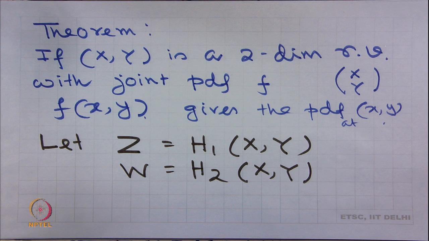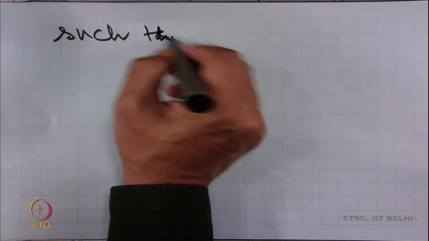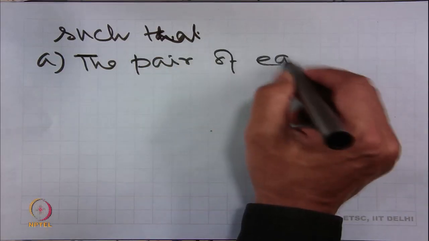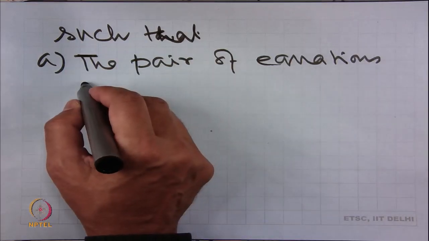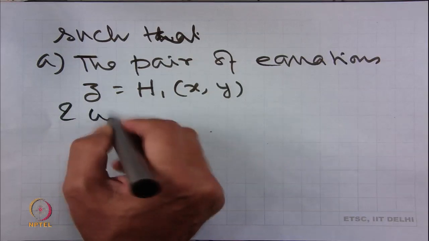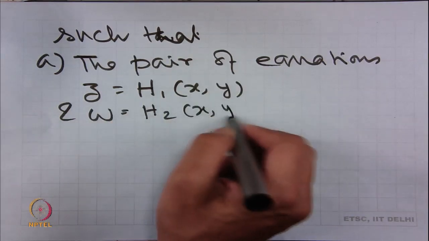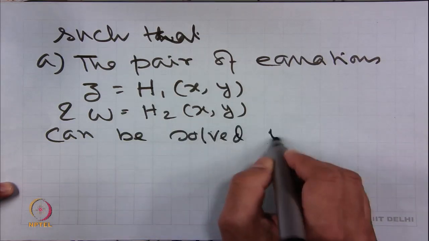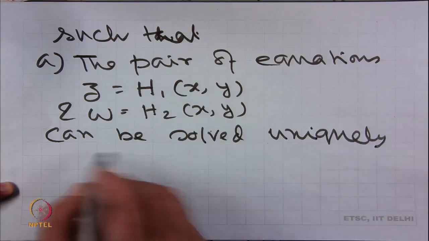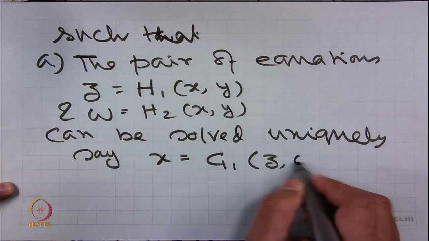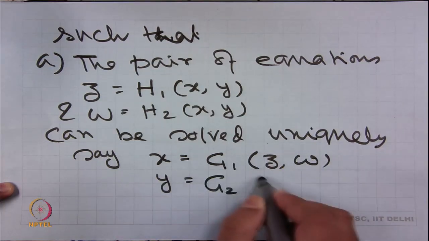Therefore, basically from x y plane we are transforming it into another plane of z w such that the pair of equations z is equal to h1 of x y and w is equal to h2 of x y can be solved uniquely, say x is equal to g1 of z w and y is equal to g2 of z w.